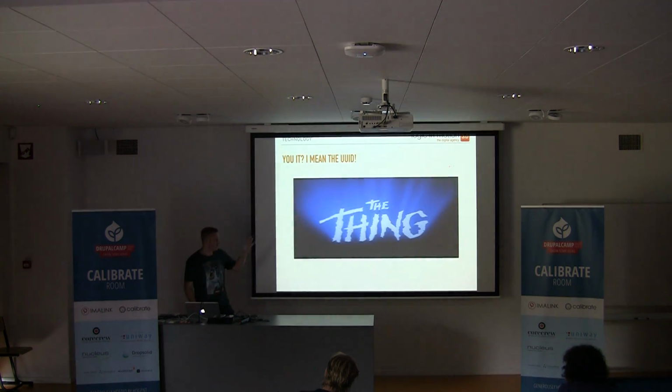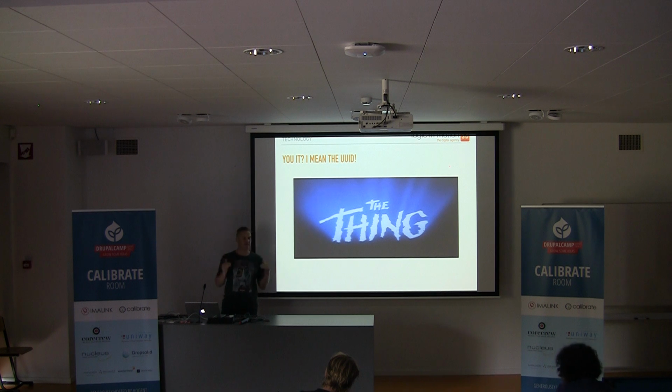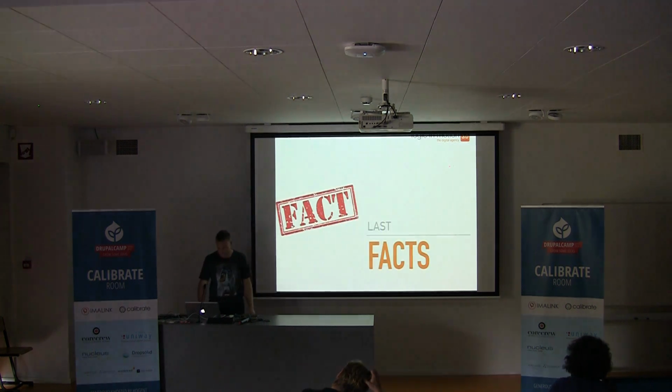Having a mismatch in IDs could be catastrophic. For example, if you have an ID 10 at one location and at the other location it's also 10, it doesn't mean that it's the same content. So your content can be lost at one time. Therefore, the UUID.